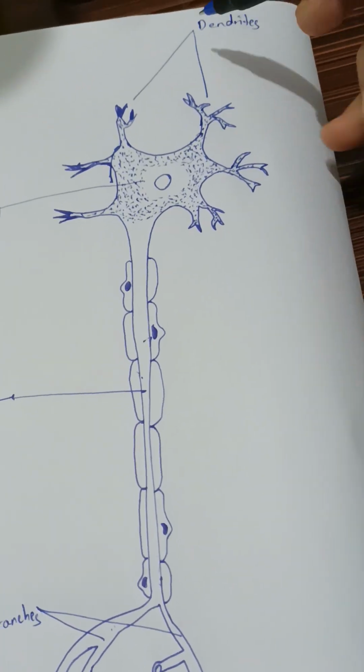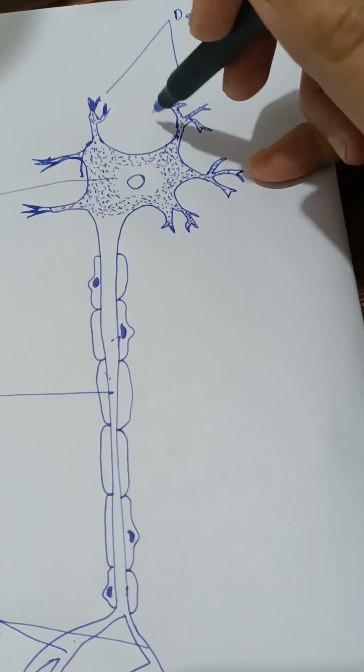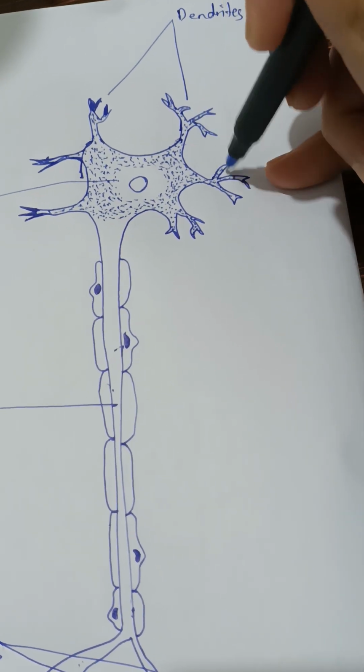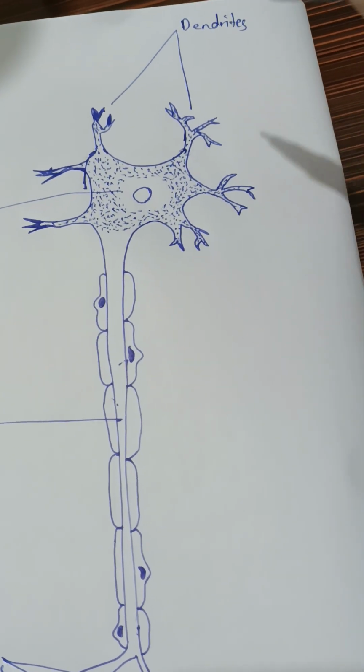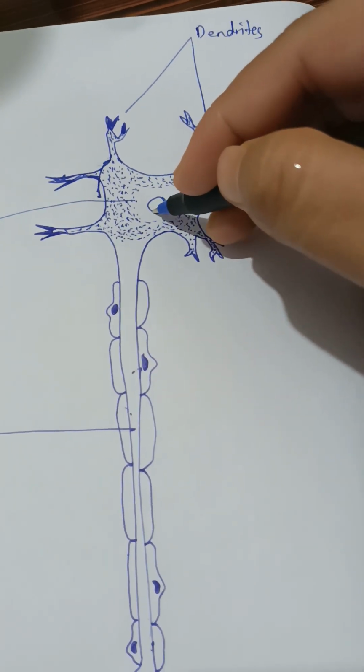Now let's see how a nerve impulse occurs. A signal is caught by the dendrite first. Dendrites receive an impulse first. This impulse is then transmitted to the cell body.